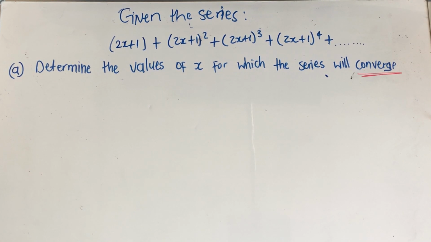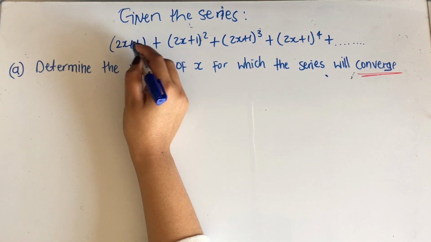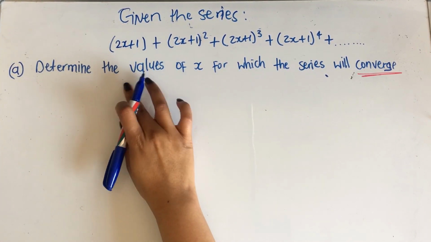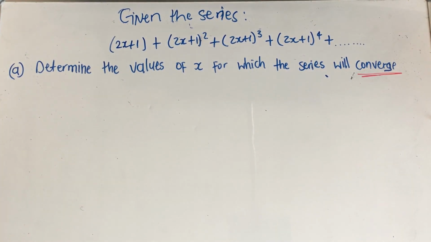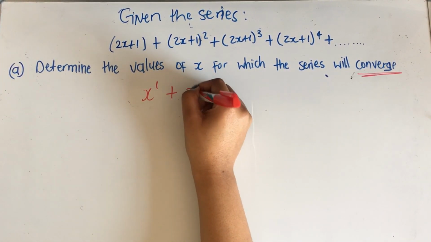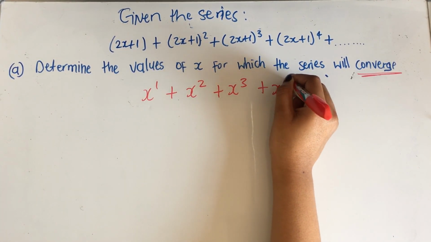And so it might look a bit complicated because there's 2x plus 1, but that's really nothing to worry about. In this case, you might as well just take this whole thing that is inside a bracket as x. So for example, it would have been, let me just use a different color because this is just an example, x to the power of 1 plus x to the power of 2 plus x to the power of 3 plus x to the power of 4.